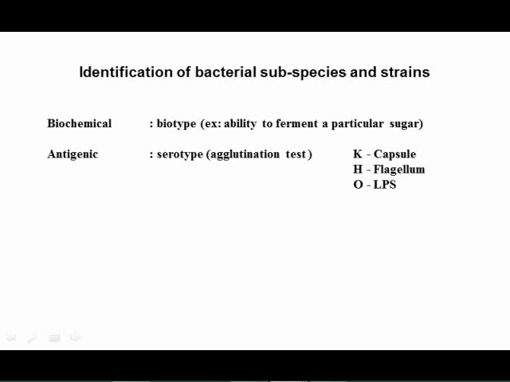Now, serotyping is often done by an agglutination test, which is very quick, and I'll just draw you how it works on the board here. So, for example, if you've got a bunch of bacteria that are, I don't know, O157.